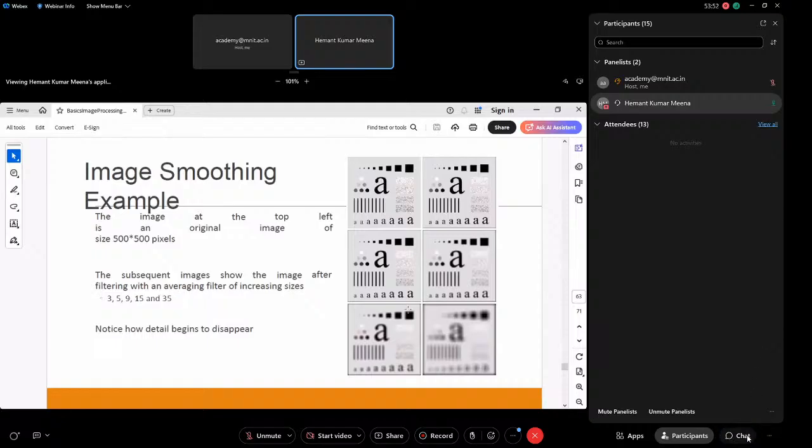So what you are seeing here is that more blurriness comes up. We are seeing the impact of different sizes of filters. But as I told you, if we have the option, the most popular one is 3 by 3, where we are able to see the immediate neighborhood effect.